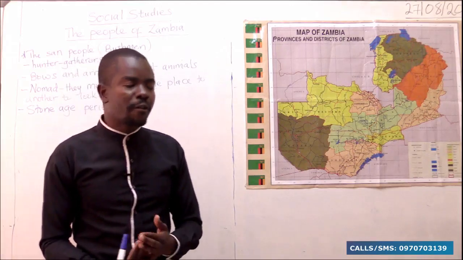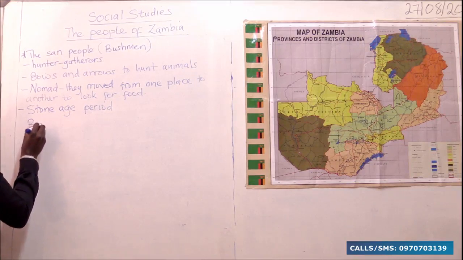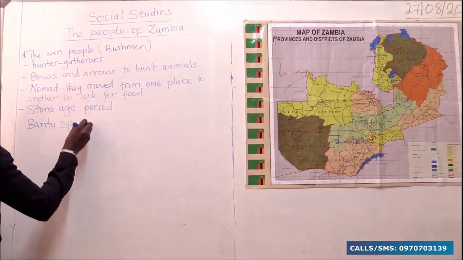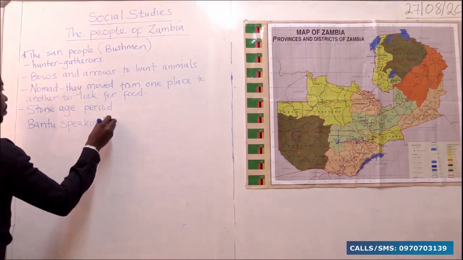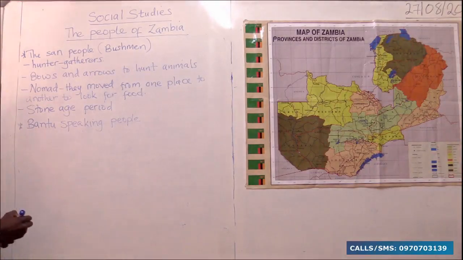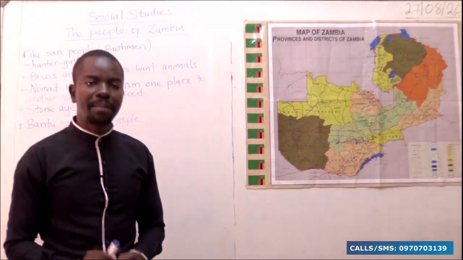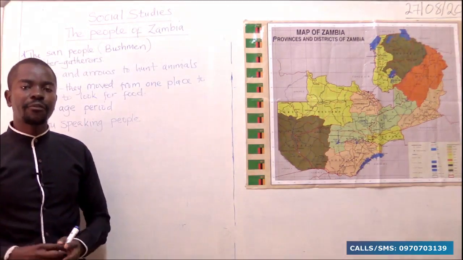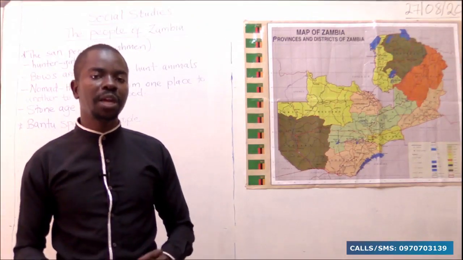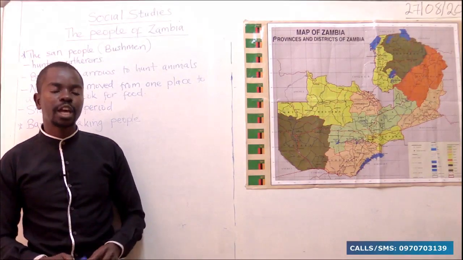Okay, let's go to the second group of people, and these are called the Bantu-speaking people. Boys and girls, who are the Bantu-speaking people? The Bantu-speaking people came from Adamawa and the Cameroon Highlands.